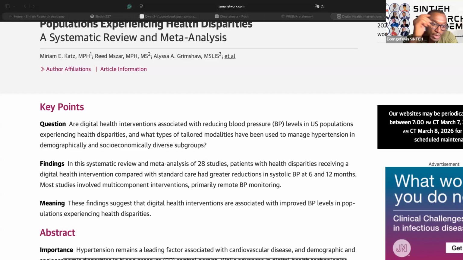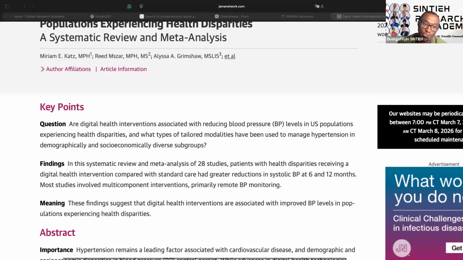Good. So, Frank, stay. Don't go off. What outcome do you think they are going to pool for their meta-analysis? Doctor, I think the outcome will be to check the blood pressure level, like the increase or decrease in the blood pressure level, with the control or the intervention being put in place.